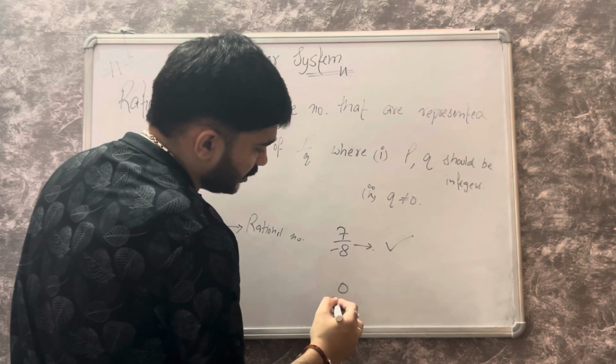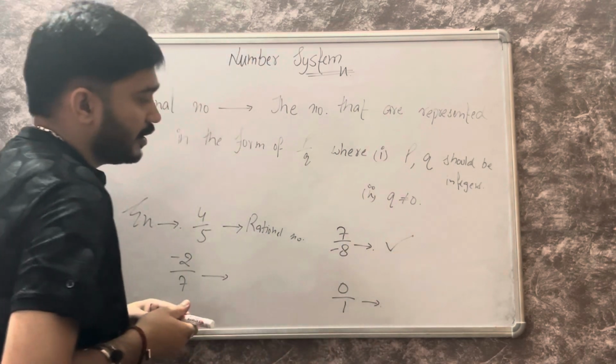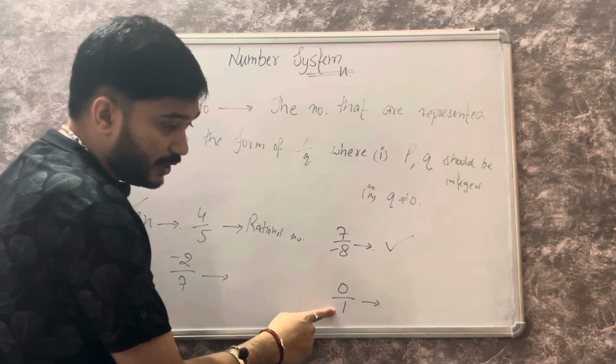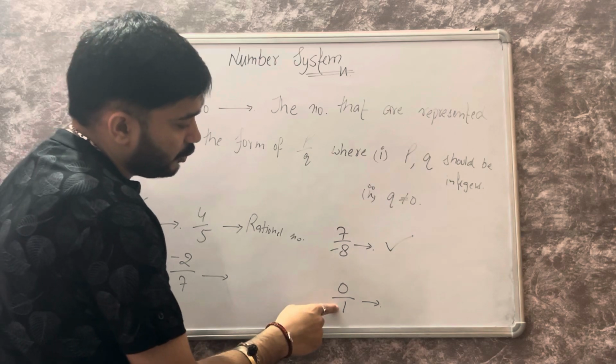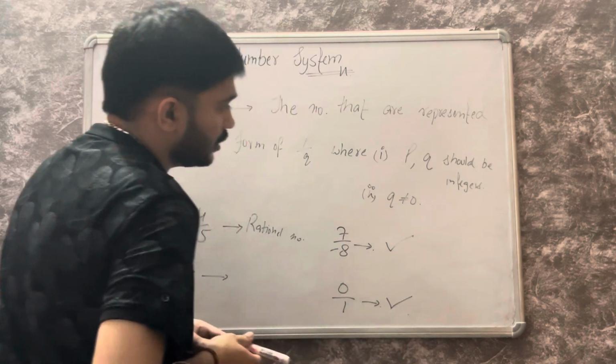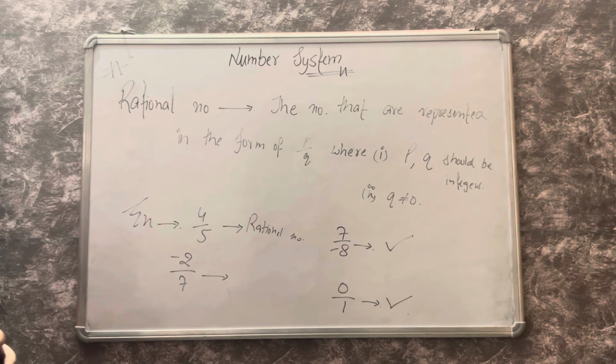If we write 0 upon 1, then here we see that the numerator is an integer, the denominator is an integer, and the value of the denominator is not equal to 0, so it is also a rational number. Any doubts?